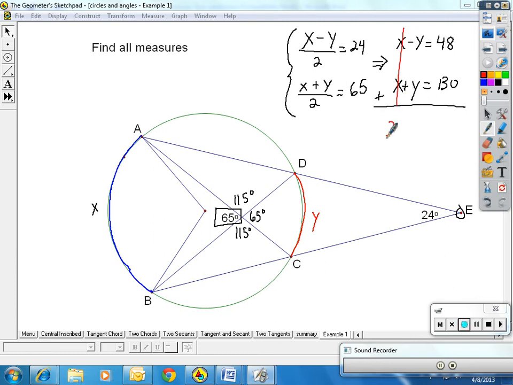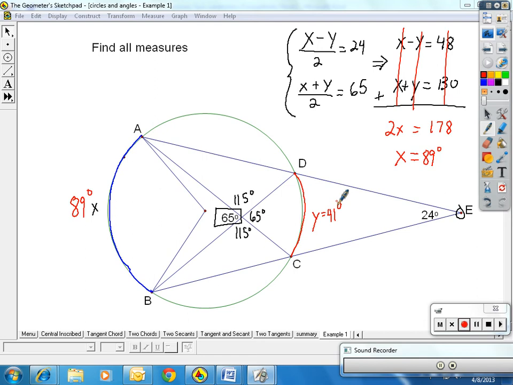I'm going to add those up to get 2X, add these up to get 0, add these up to get 178. Divide by 2, 89 degrees. X must be 89 degrees. And what does Y have to be? If X is 89, I can take 130 minus 89 to find that Y must equal 41 degrees.